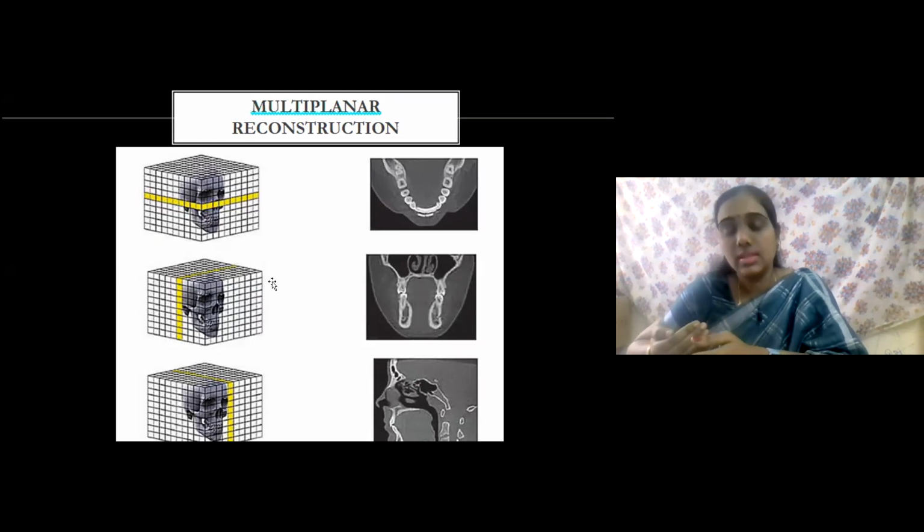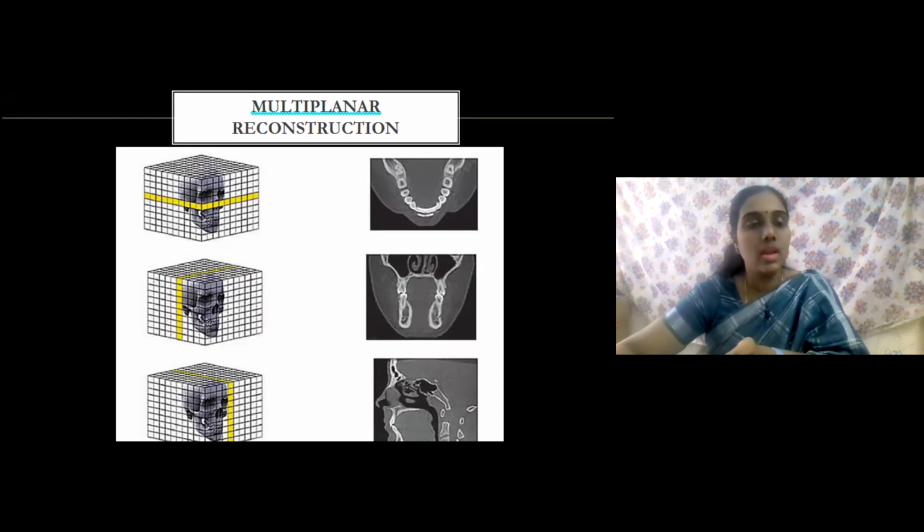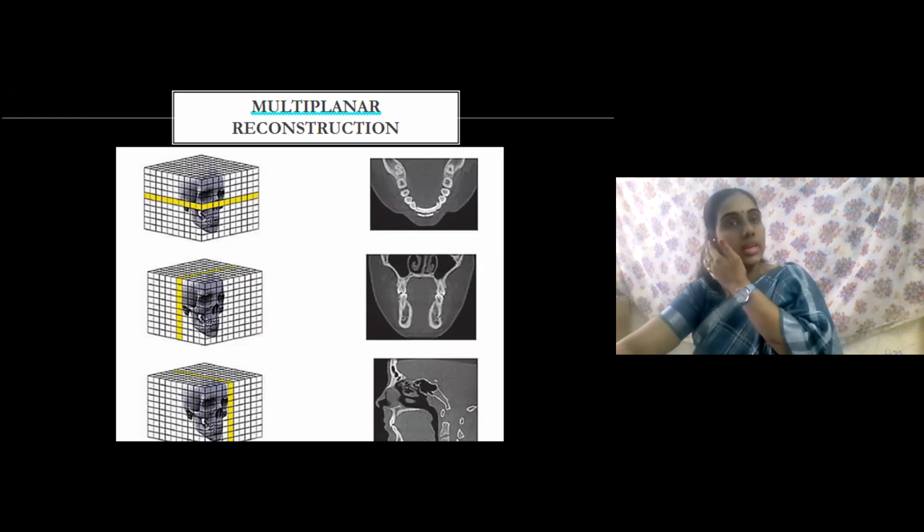In case of CT, the raw data formed by the machine is nothing but axial sections. But in case of CBCT, it is an image which resembles a lateral cephalogram, and that is what you have to know.